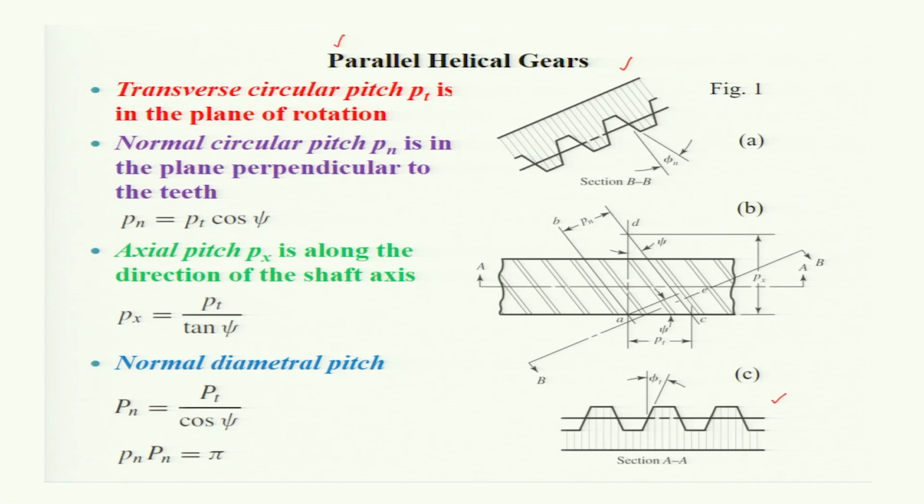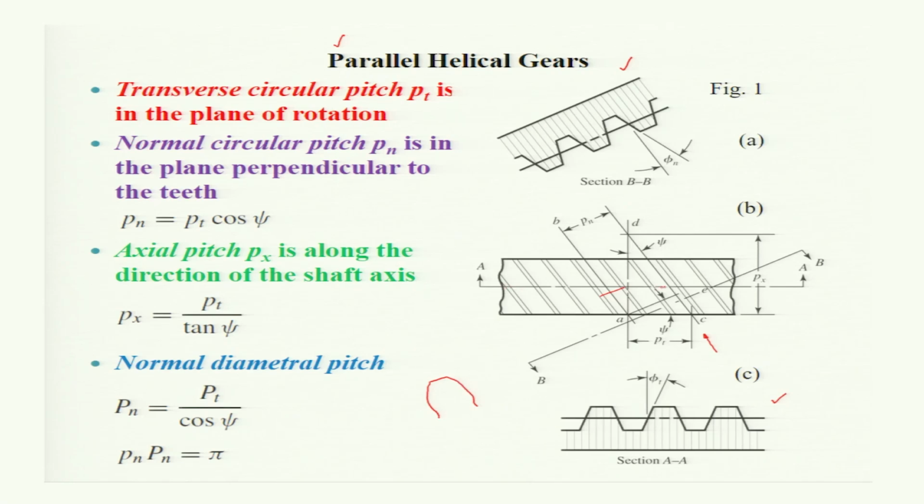So in the case of helical gear, what happens is, when you see from this side, along the gear tooth, it will look like this. Now when you cut it in this way, then this is the thickness of the gear tooth when you see from this side, which is smaller.